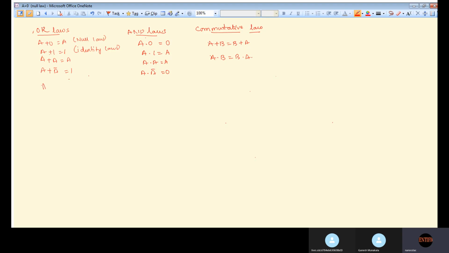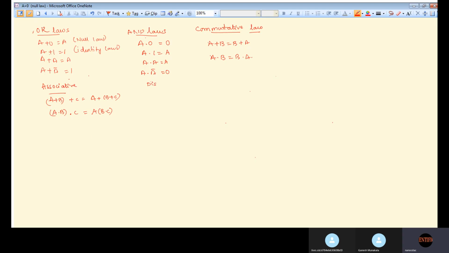And similarly, we have associative law. a plus b plus c is equal to a plus (b plus c), and similarly a into b into c is equal to (a b) into c.